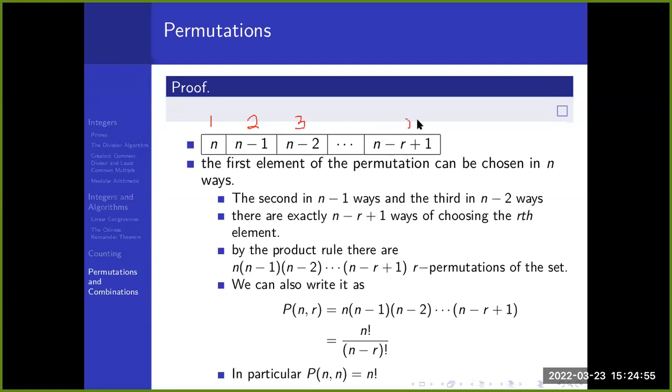So this will be the Rth job to do, right? So the first one, we can do it in n ways because we still have all the elements. But since the permutation does not allow us to repeat, we only have n minus 1 options for the second.